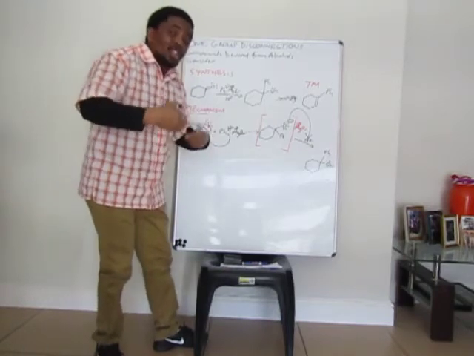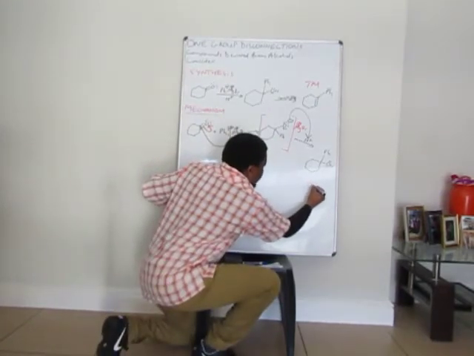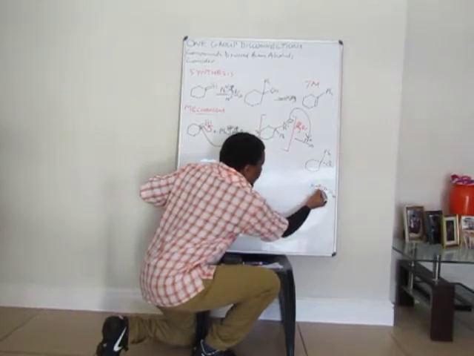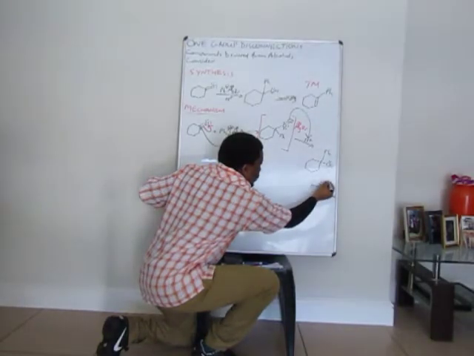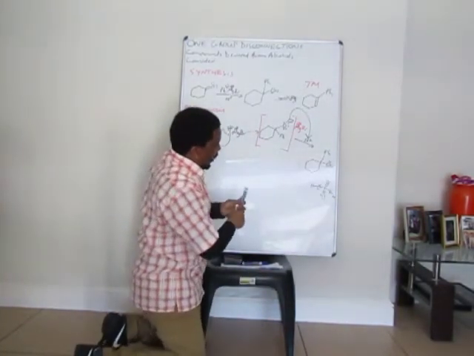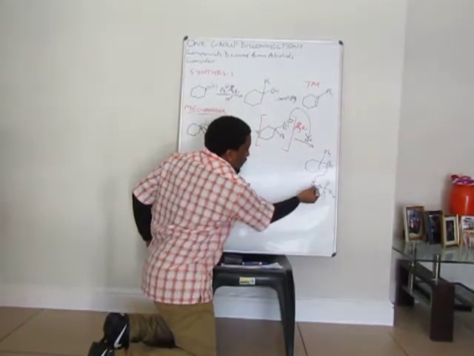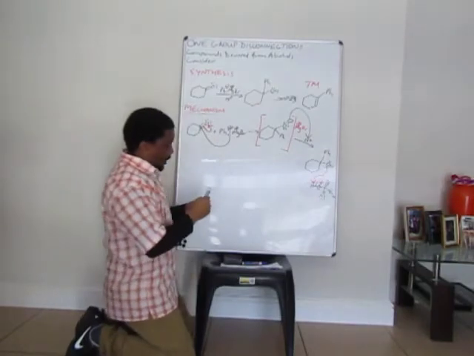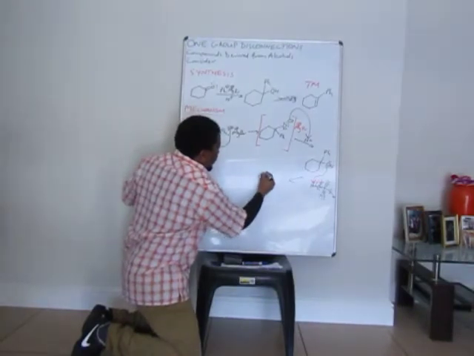My acid in that case is concentrated H2SO4: H bonded to O, bonded to S, bonded to O, bonded to H, with two S double bonded to O. Now the OH picks up this H plus from H2SO4, as the H plus leaves behind the bond pair that it shared with oxygen. I generate this structure.